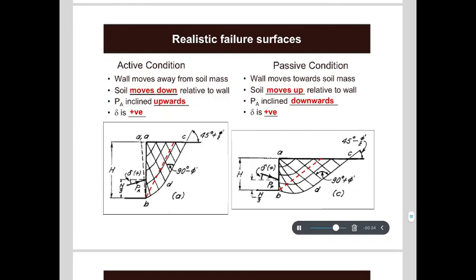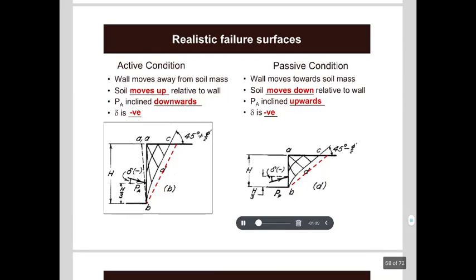And if you compare the critical angle of the slip plane first assumed by the Rankine or Coulomb, which is the red dashed line, you can see that the soil mass within this area is much smaller compared to the realistic failure surface.